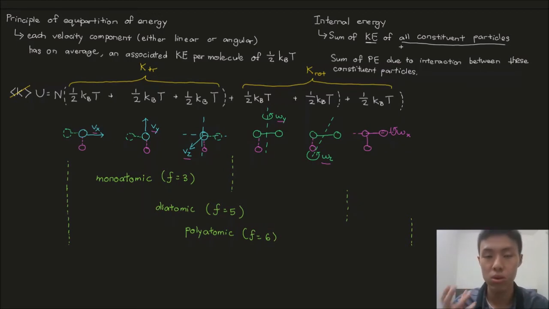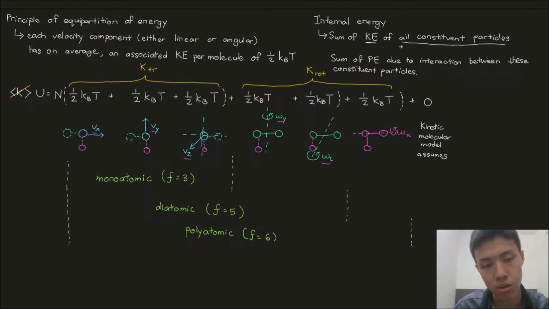So just now I said I want to go to IMF first, the intermolecular forces. For our case, we don't have intermolecular forces, because that's the assumption we make when we use the kinetic molecular model. The kinetic molecular model assumes no intermolecular forces. If you remember, there's no attraction between the particles.